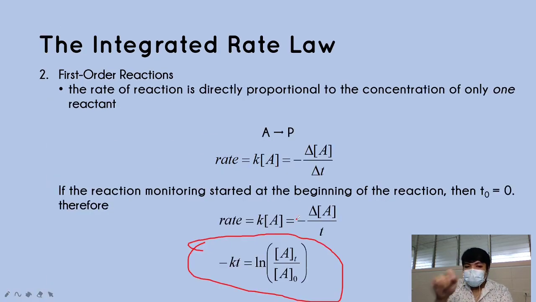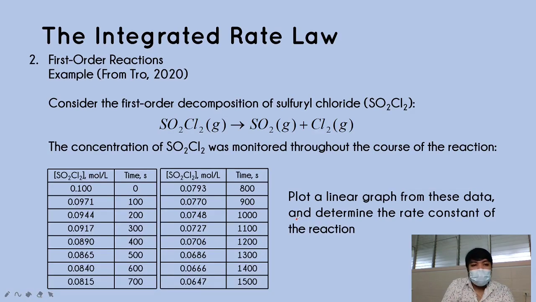Now let's show the graphical representation for a first order reaction, because we have shown it for the zero order. That one was quite simple, but it's not that simple when it comes to first order reactions. Let's consider this reaction, the first order decomposition of sulfuryl chloride to sulfur dioxide and chlorine gas.